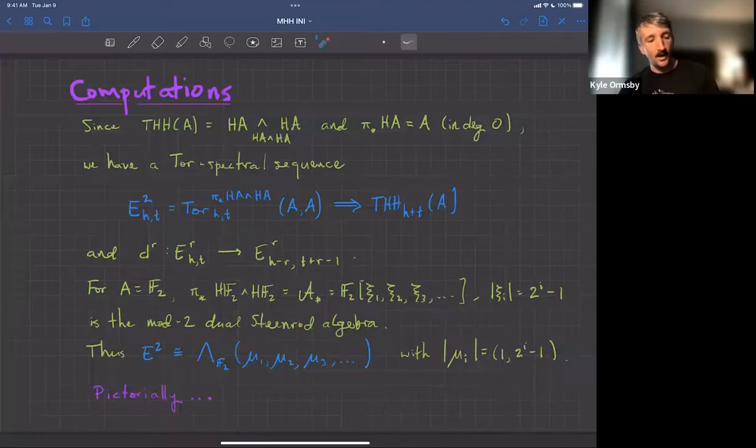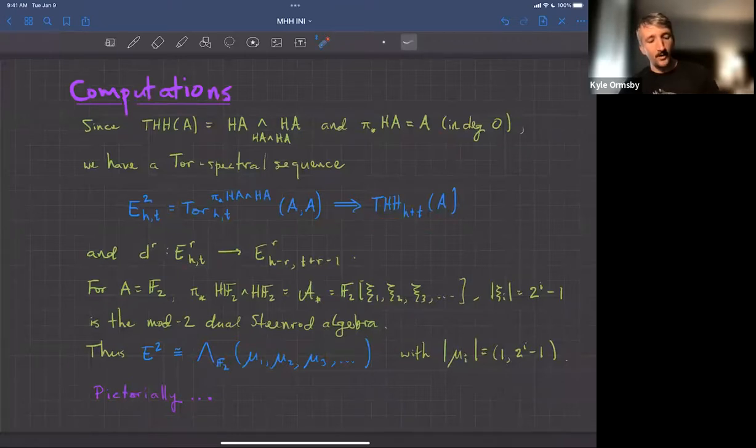So here you have an E2 page, which is in terms of Tor over the homotopy groups of HA smashed with itself. And then the coefficients, maybe I could write pi star HA there, but that's just A in degree 0. And so we have this E2 term converging to the THH of A.